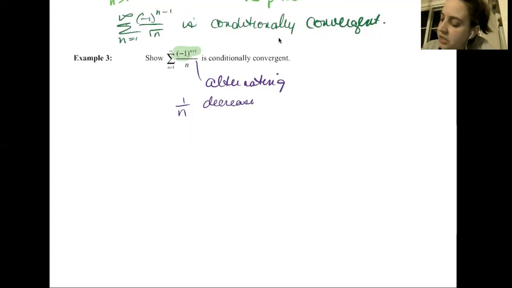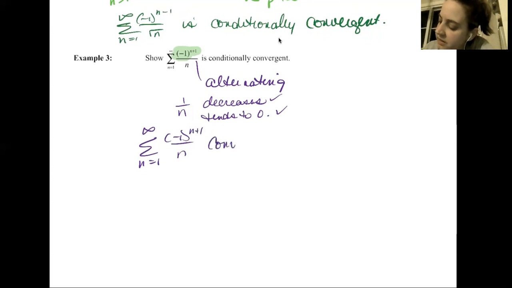As n gets larger, that decreases. And it tends to 0. If you put infinity in for n, you're going to be close to 0. So this original one converges by alternating series.